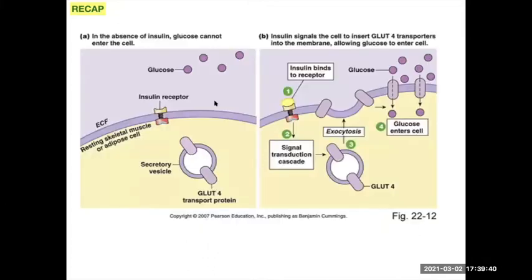And then what happens when they do find their targets? We had the lipid soluble ones, like the steroids that went through, and they usually affected gene expression, like we gave the case of the anabolic steroids, right, where they build actin and myosin proteins to make bigger muscles.